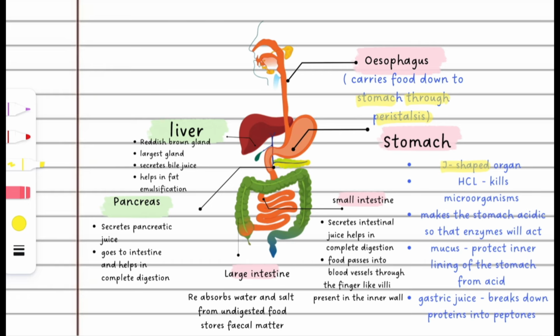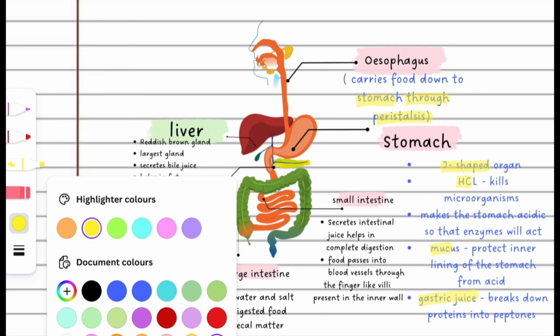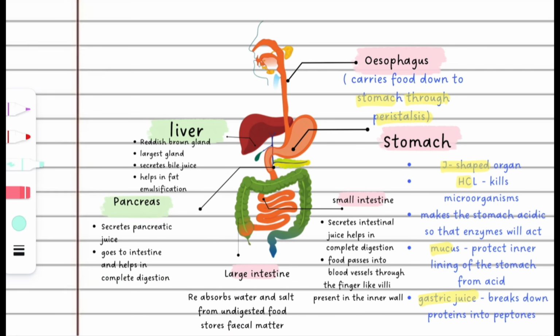It secretes three types of secretion: hydrochloric acid, mucus and gastric juice. Now one by one I will tell you the functions of these particular secretions, right? Hydrochloric acid kills the microorganisms.